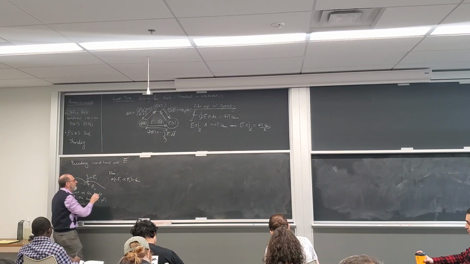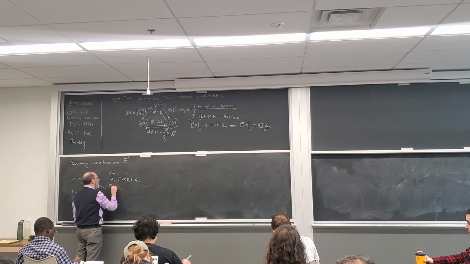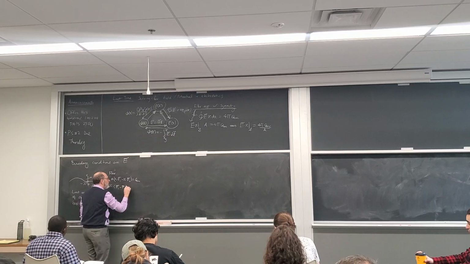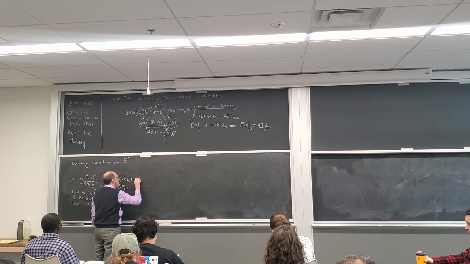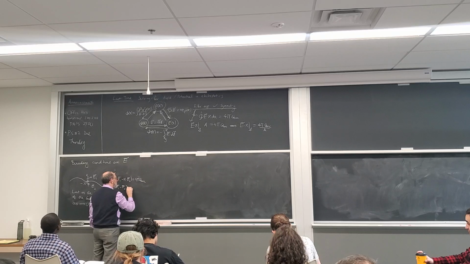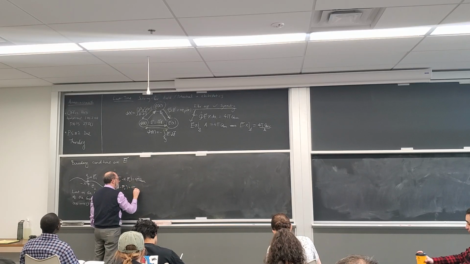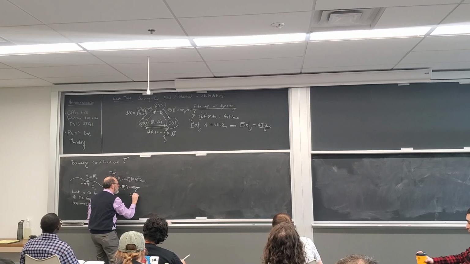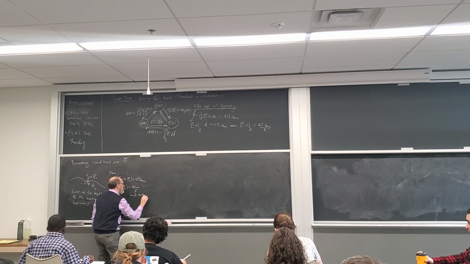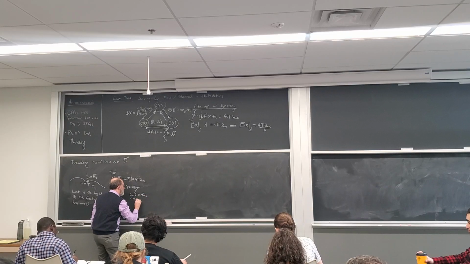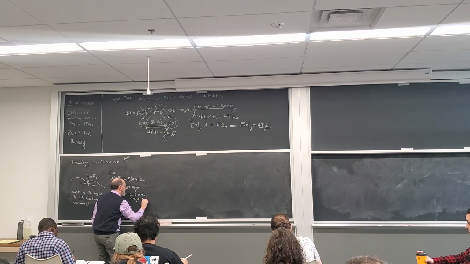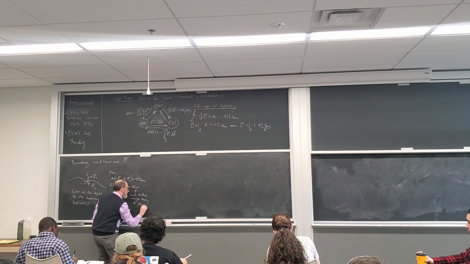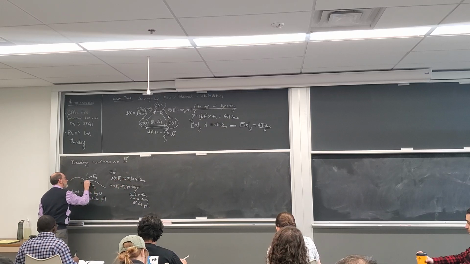Okay? And so what this says is n dot (E1 minus E2) is equal to 4 pi times the local surface charge density at the point where the pillbox is.